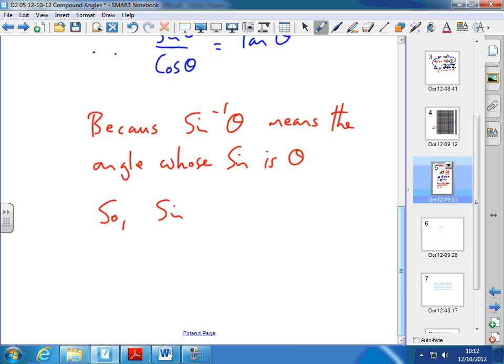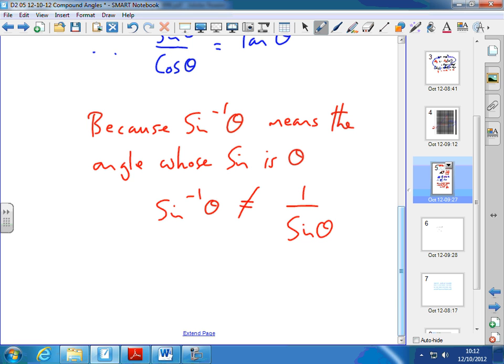Sine to the minus 1 theta means the angle whose sine is theta, so sine to the minus 1 theta does not equal 1 over sine theta.